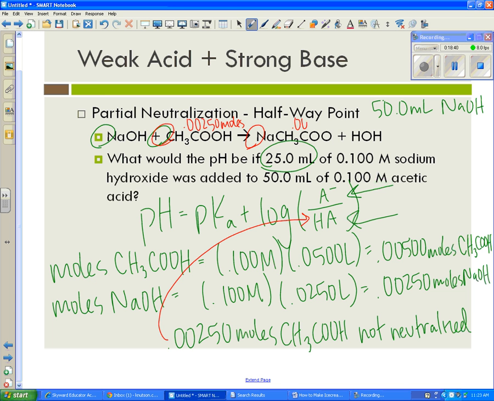So 0.00250 moles of the acetate ion will form. So that will allow us to plug this in here. 0.0025 over 0.0025 is what? 1. Those of you who have studied logs, the log of 1 is 0. If this is 0, then what does pH equal?